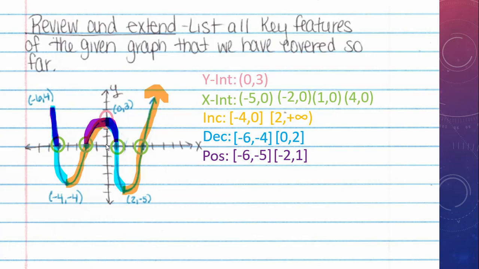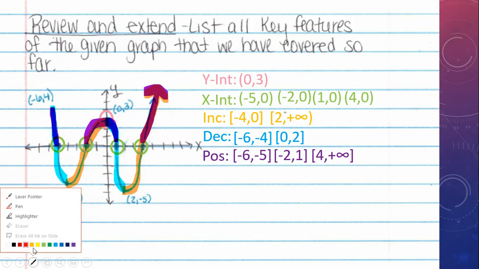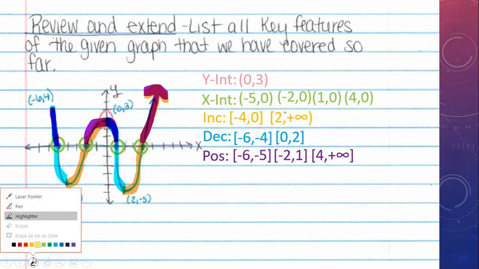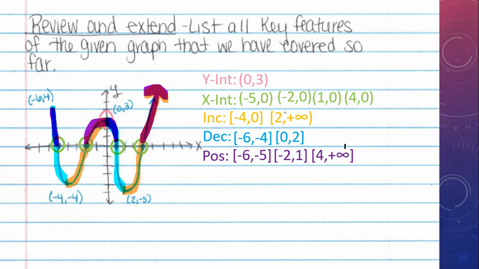There's one last section that's also positive, and that's here at the end on the right. And that would be from 4 to positive infinity. And this needs to be a round regular parenthesis. So let's fix that here.